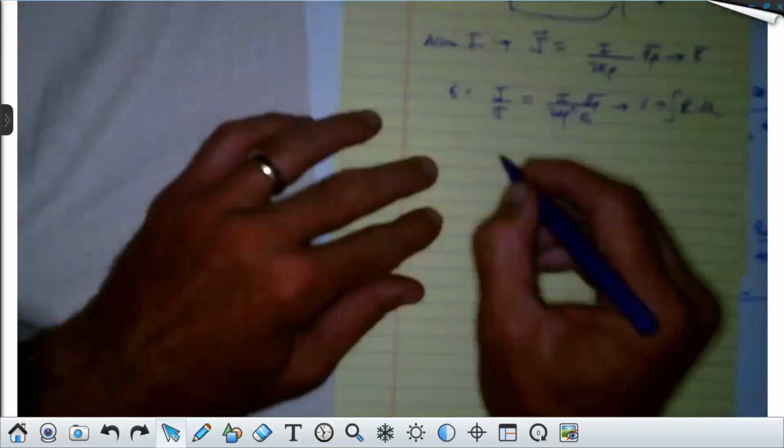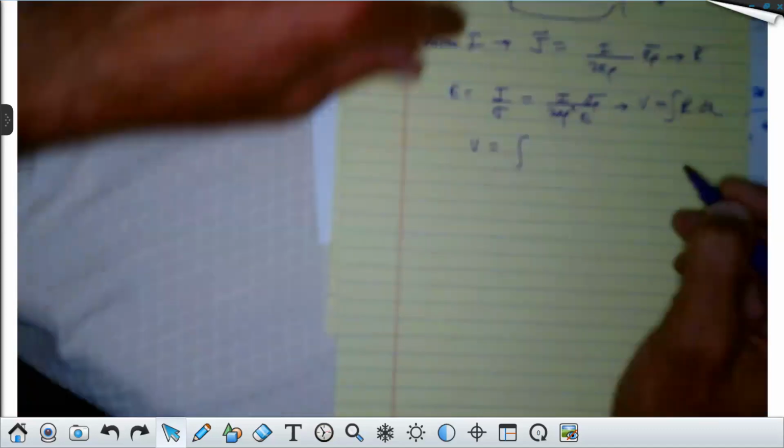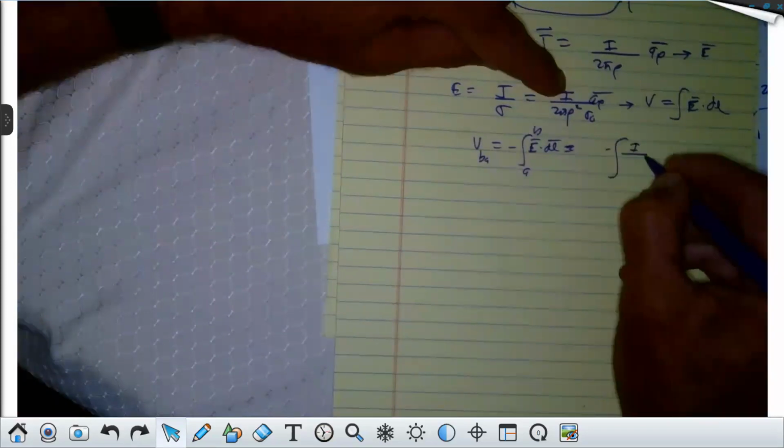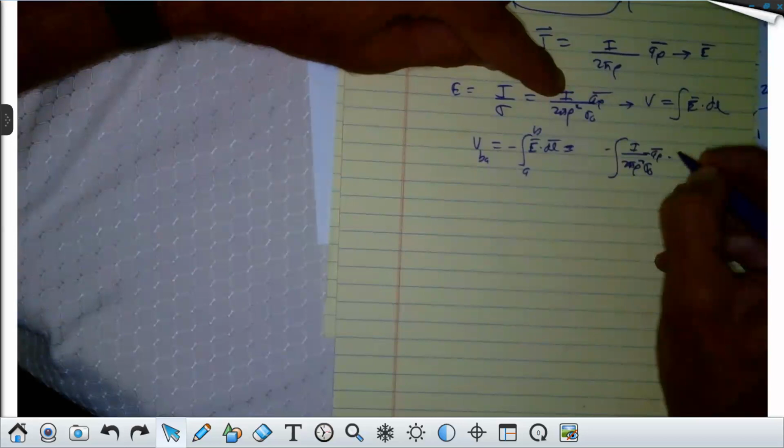So the voltage would be equal to the integral of E dot dl, or you can put a minus sign on here and go from A to B if you want. This would be V_BA, and that's going to be equal to minus the integral of I over 2 pi rho squared sigma naught a rho dot d rho a rho.